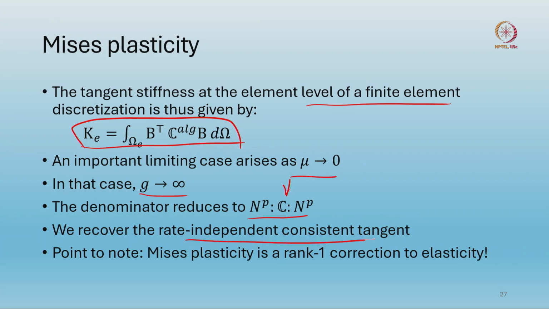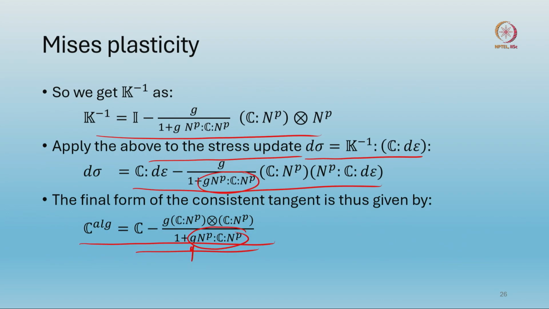So in this particular case, from that C algorithm itself we can recover my rate independent consistent tangent by taking the limit as G tends to infinity.